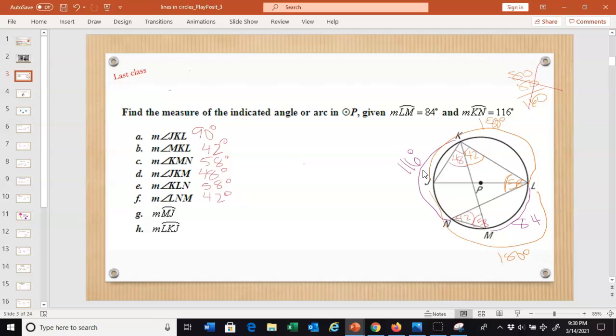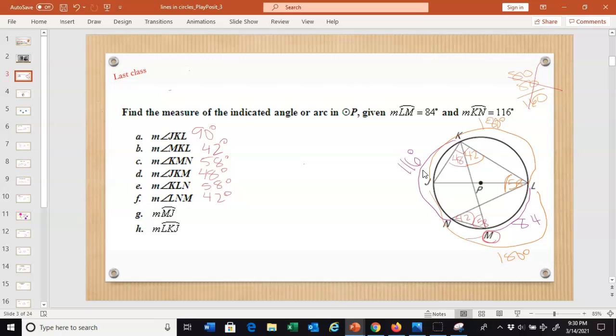G is the arc MJ. So we don't currently have that labeled, but let's see if it covers anything.